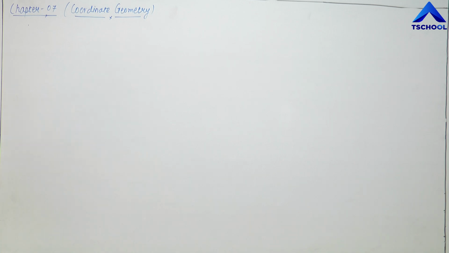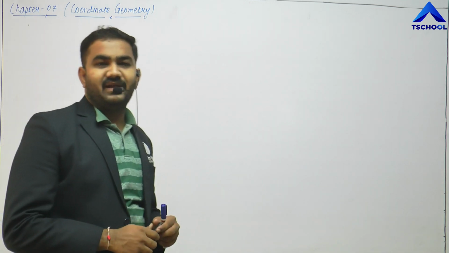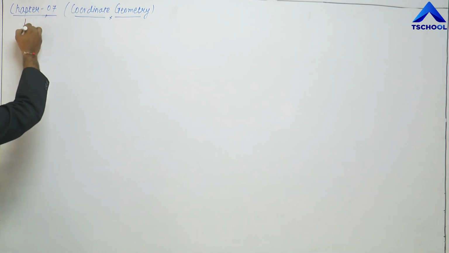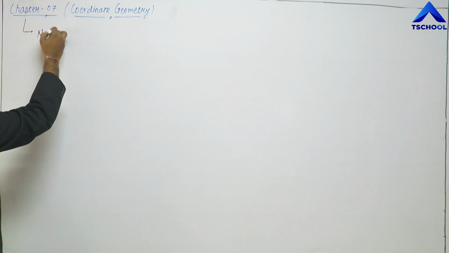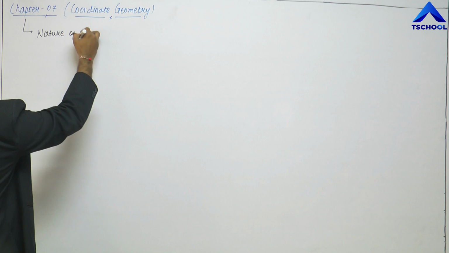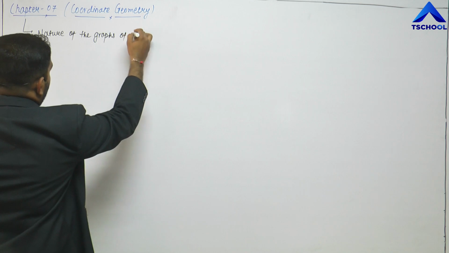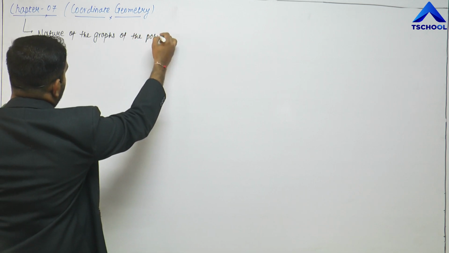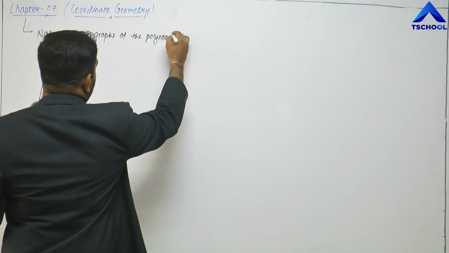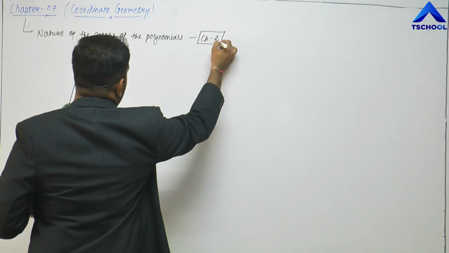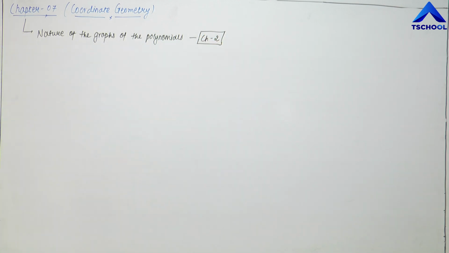Now, friends, we shall look at one more thing that we have already studied in this standard, but in the previous chapter, that is chapter number 2. In chapter number 2, you have studied the nature of the graphs of the polynomials.